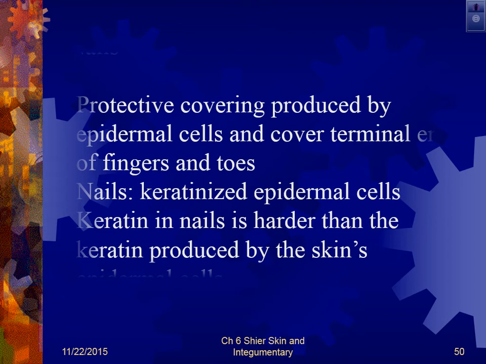So with our nails, that first one, you don't need to write every single thing down there. It's just saying, okay, this is a protective covering at the ends of our fingers and toes. That's it. Now, it's produced by epidermal cells, which makes sense, right, because it's from the epidermis. And the nails also, of course, are going to be keratinized.